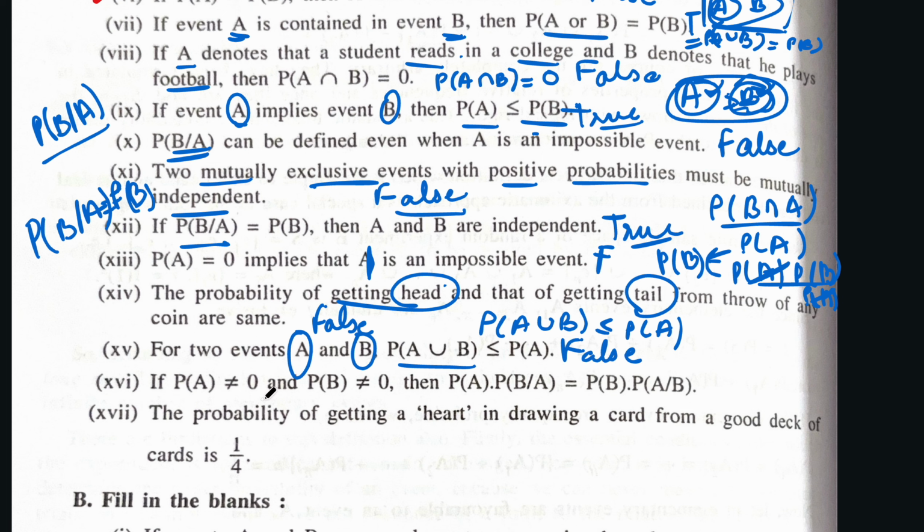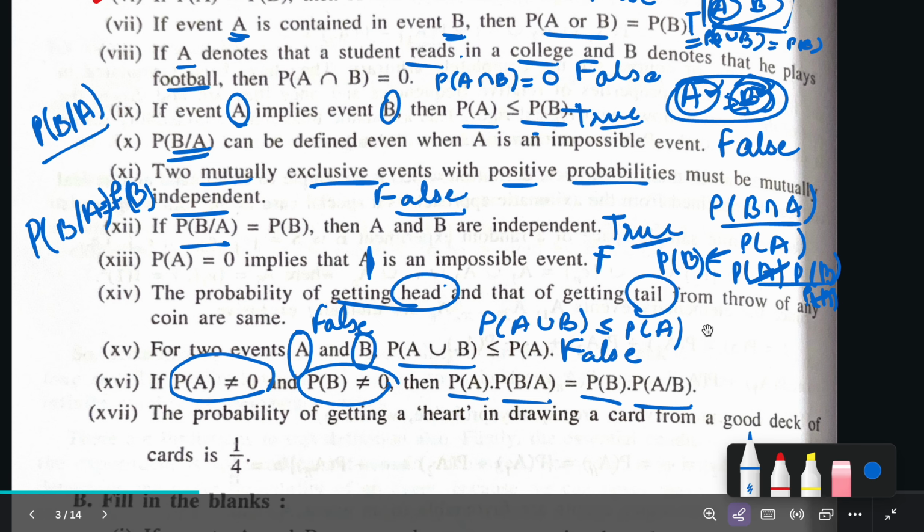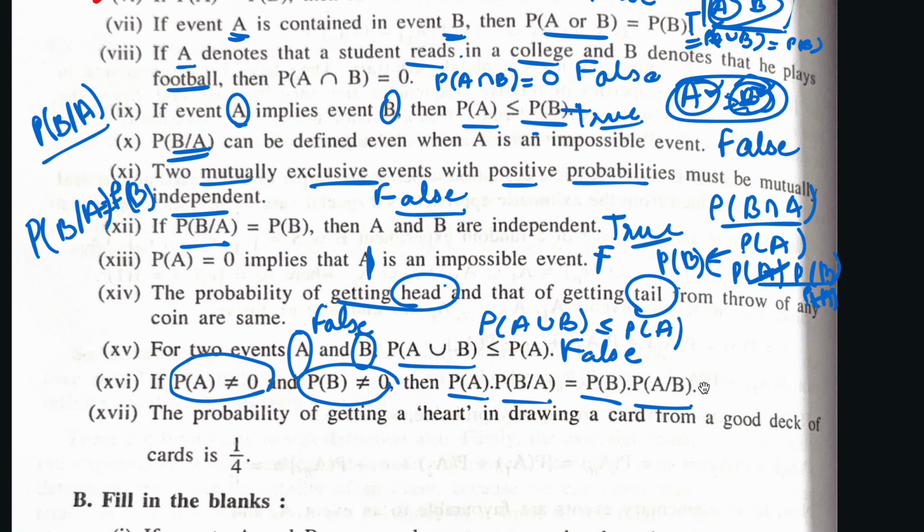Probability of A not equal to 0. Probability of B not equal to 0. Probability of A, probability of B given A. I think this can be true.